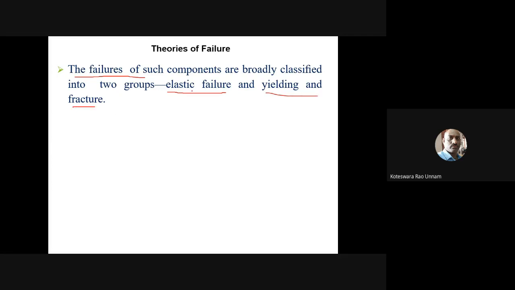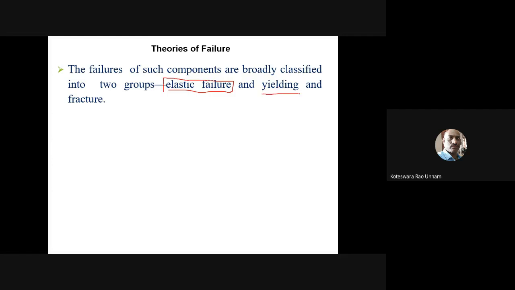We already discussed these types of failure. Elastic failure is nothing but excessive deformation in the component, which will cease its functionality. That means because of excessive deformations in the structure or machine element, the machine is not able to perform its intended function. I call that kind of failure elastic failure.